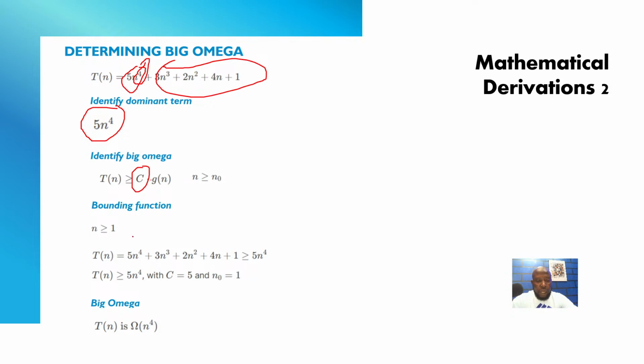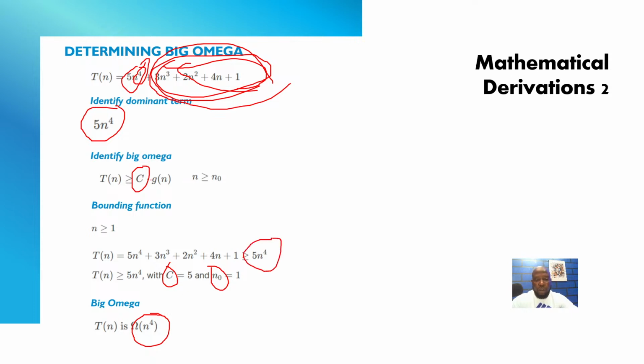So we can now say that truly it's greater, because if we start accounting for these values that we ignored, you can see that it is greater. We just remove the decimals, which we removed for approximation's sake. So that is how we came about with this. This function is greater than 5n raised to the power 4. So now the coefficient becomes c, and then the n0 becomes 1. Represent it explicitly, then you have to indicate 5n raised to the power 4.